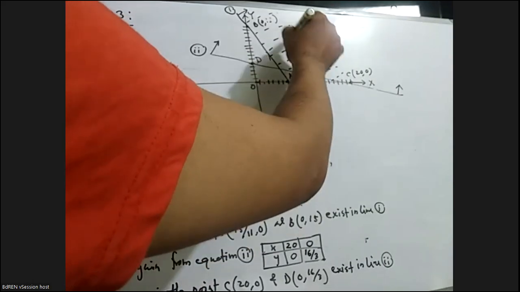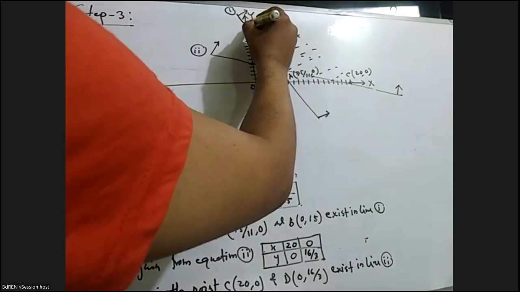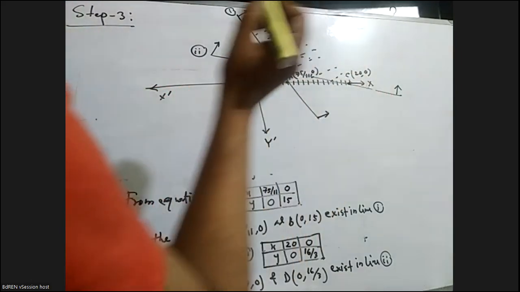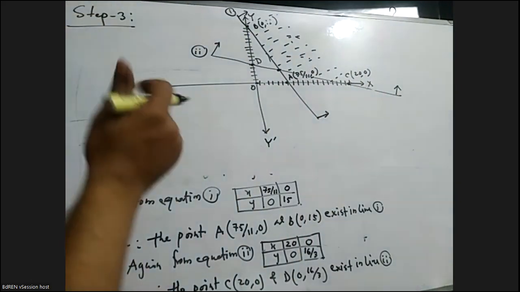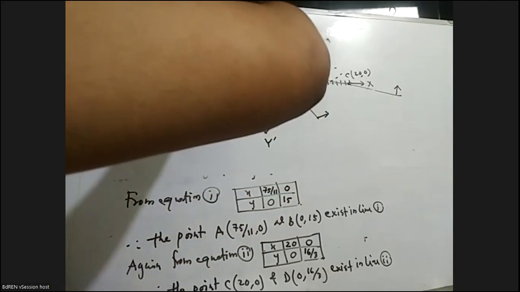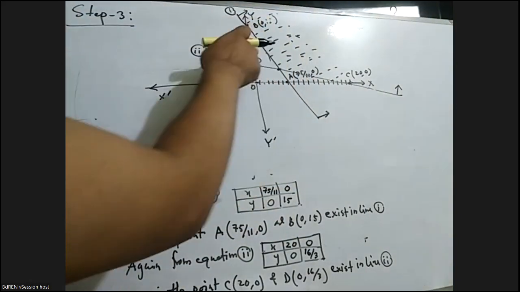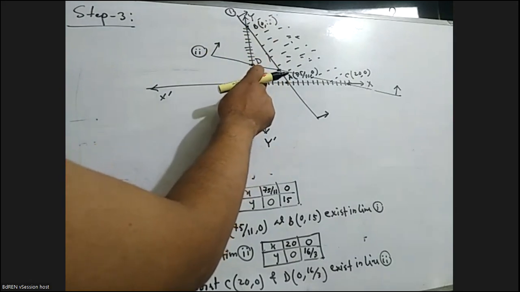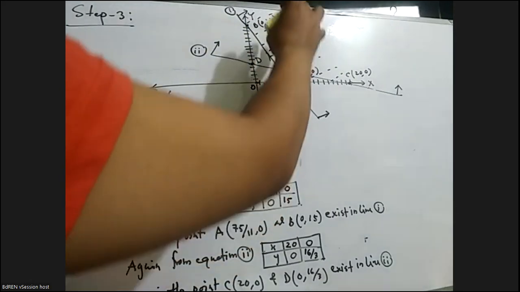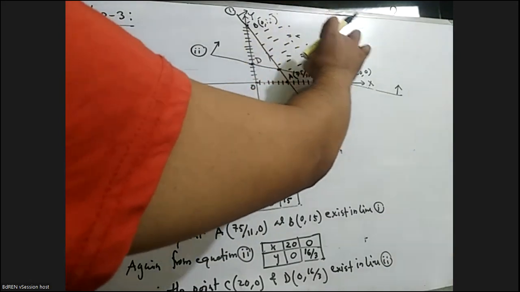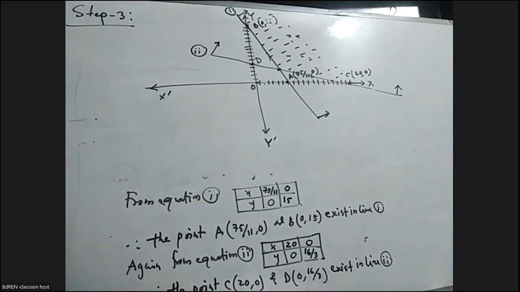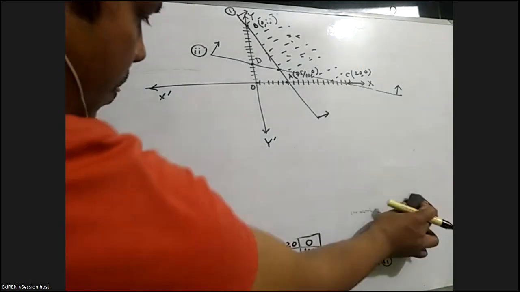Within the shaded area, we get these 3 corner points. Remember that in this part, equation number 1 holds, and in this part, equation number 2 holds. This is why these both lines exist in this region, so this is the shaded region for us.